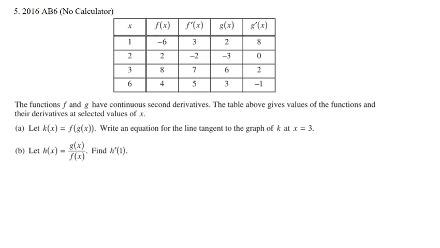All right, first let's look at 2016 AB number 6, which is a no calculator question. It gives a table of values of functions f and g and their derivatives at a few values of x, right? And I'm going to do part A because it has to do with the chain rule. It's the chain rule video. But if you look at part B, I have to point this out.